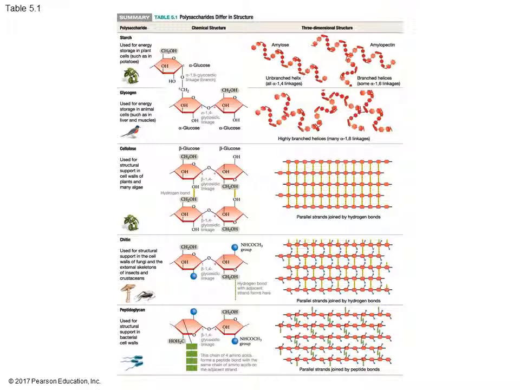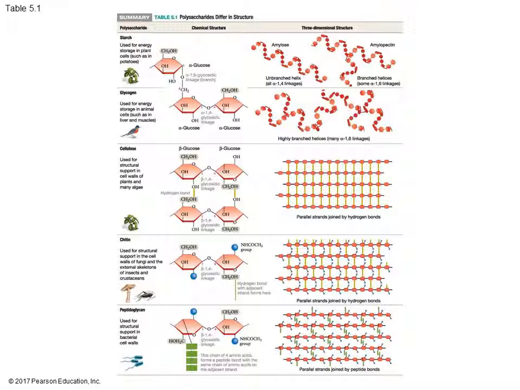We eat a lot of foods that are made from starch. Notice that if you look at the molecule, it's a huge polymer or macromolecule, and notice that there's very little branching for starch. But if you look at glycogen, which is immediately below, you'll see that there's a lot more branching. Glycogen is found in animals and starch is found in plants.